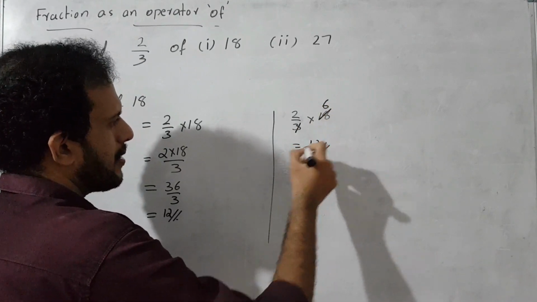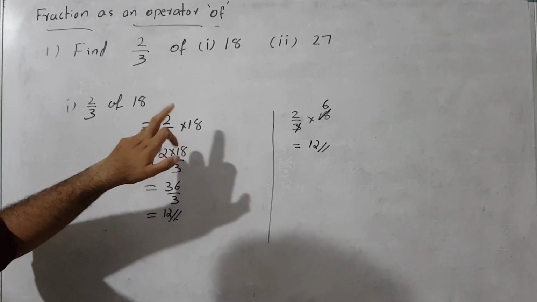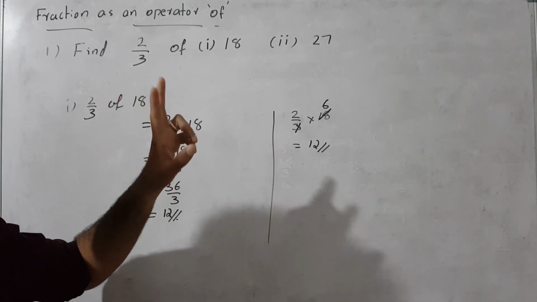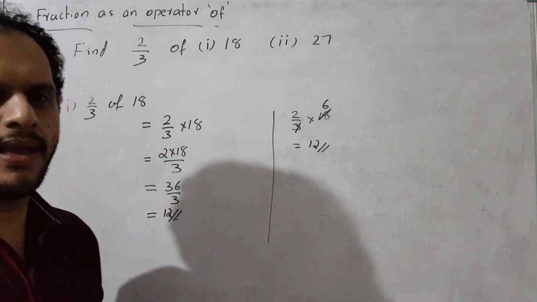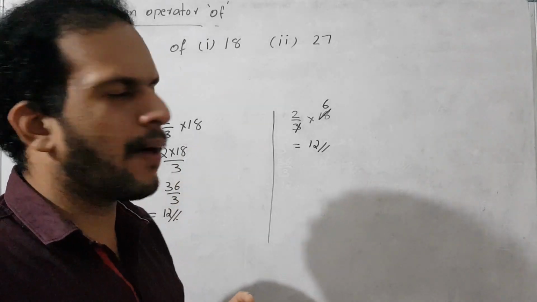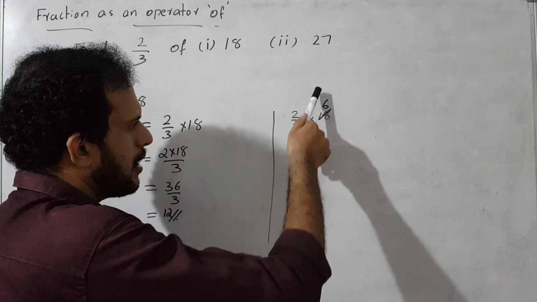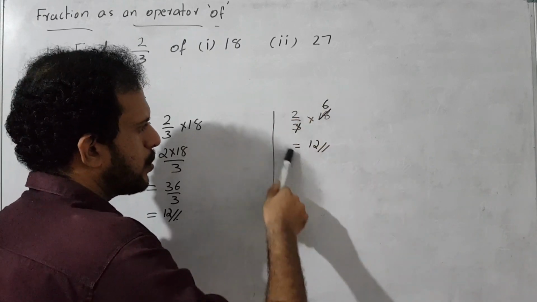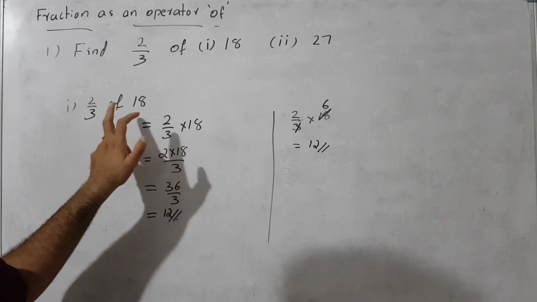We get the same answer. 2 by 3 of 18 is possible to do by two methods. You write any one of these. The second method is applicable only when the number is divisible by the denominator. This is the general idea to do all this type of question.